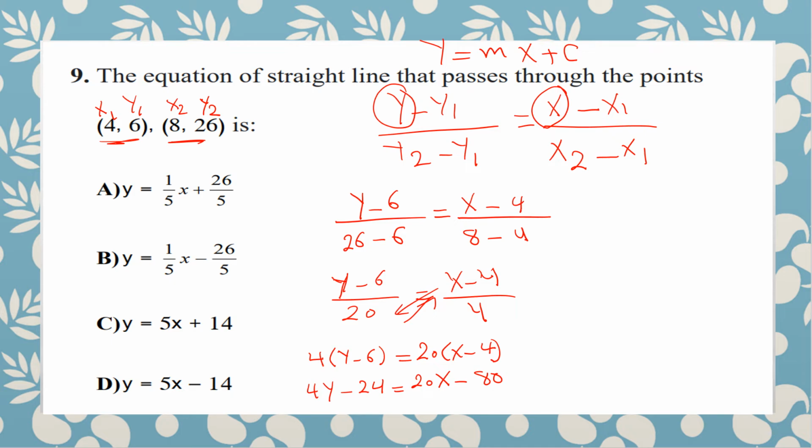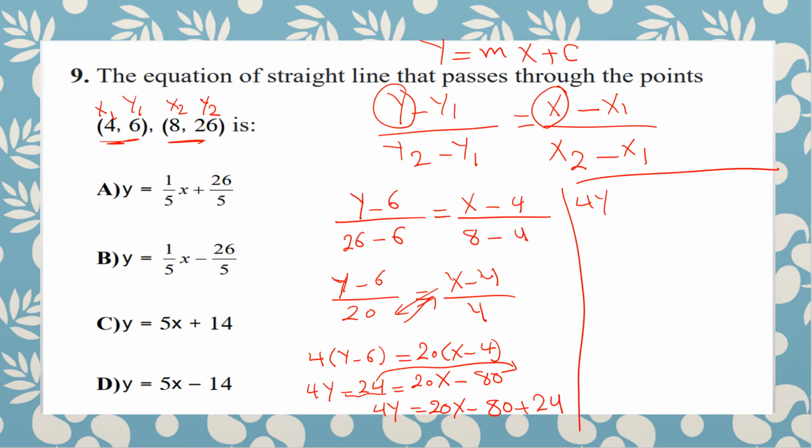Let's rearrange this equation, making the y on one side and the other terms on the other side: 4y equals 20x minus 80, and by sending this 24 to the other side, 4y equals 20x minus 56.